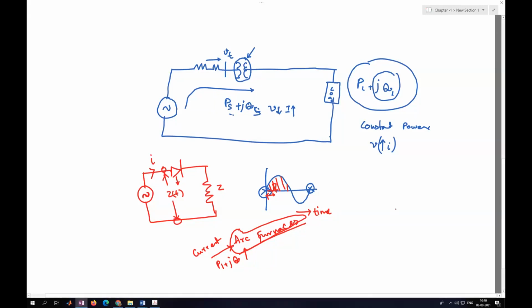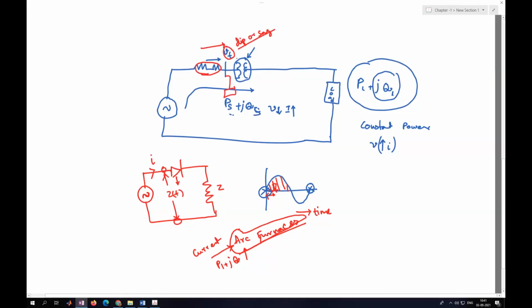Because of this high magnetizing current, obviously there is a drop, and at this particular point you experience a dip or a sag, a voltage variation.